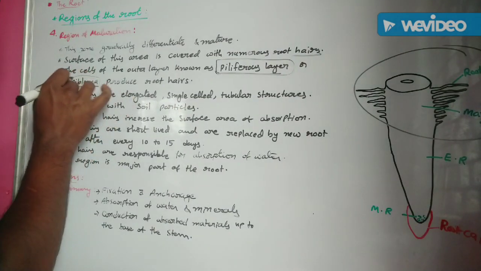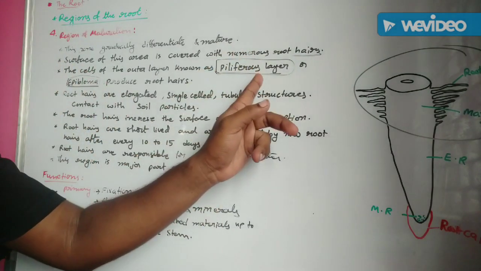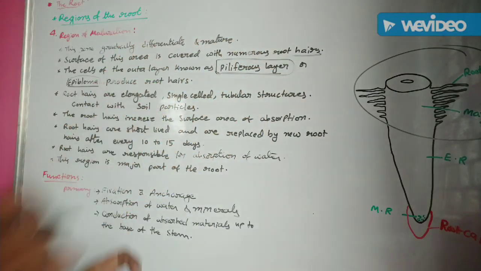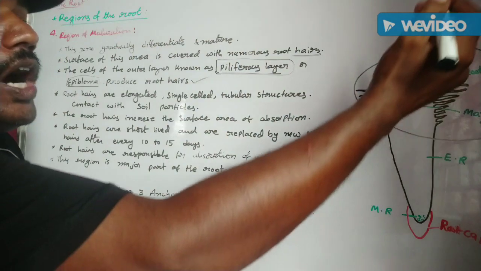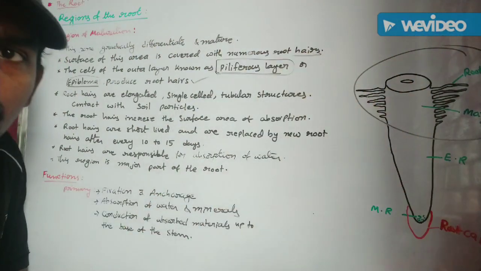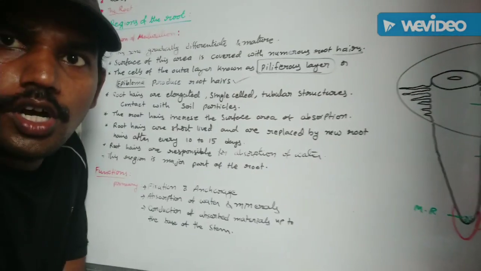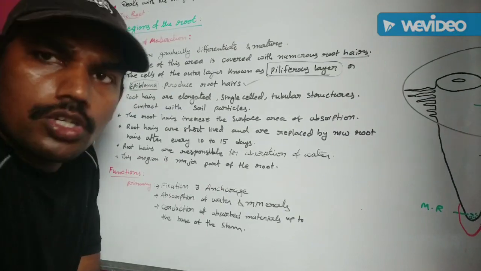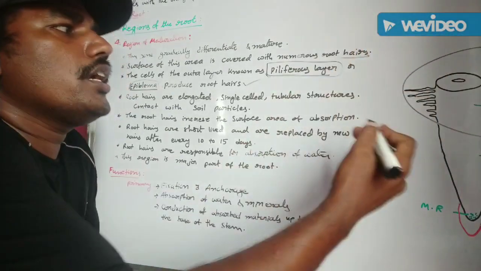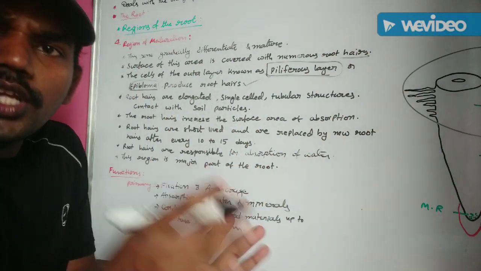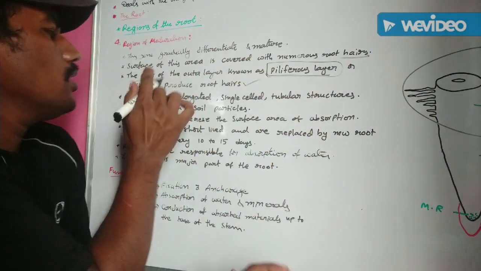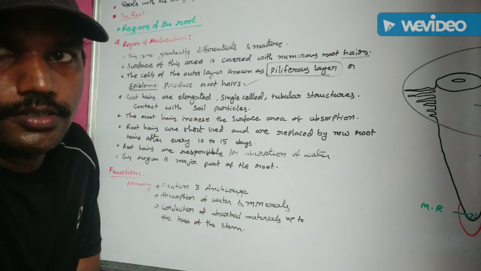This piliferous layer or epiblema produces root hairs. Root hairs are developed from the outermost layer of the maturation zone. This outermost layer is known as the piliferous layer or epiblema, and root hairs are mainly developed from this epiblema layer.